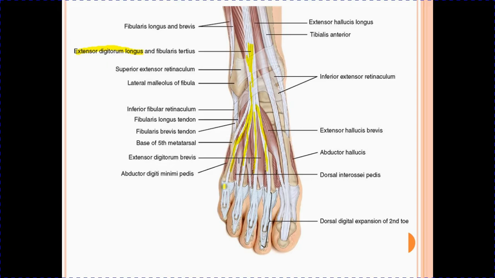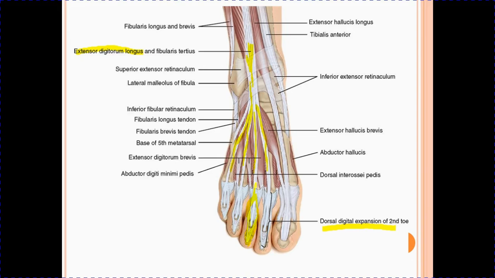Second thing, they are inserted via the dorsal digital expansion. This is the dorsal digital expansion. Now what actually is it? It is a triangular aponeurosis formed by the expansion of the tendon of the extensor digitorum longus. What did I say, what is the dorsal digital expansion?